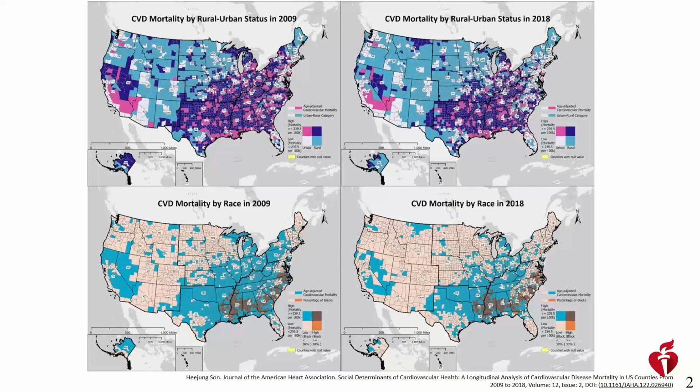And the same is true if you look at the bottom part of the slide for people of African descent: from 2009 to 2018, there was a slight decrease in the amount of cardiovascular mortality for those individuals. Next slide.